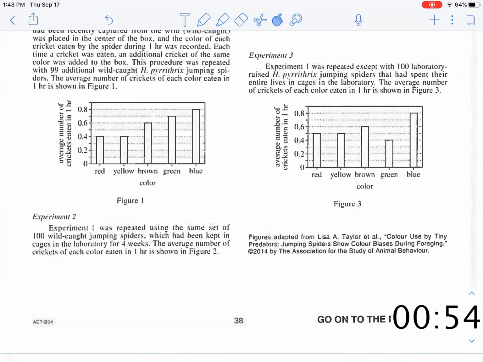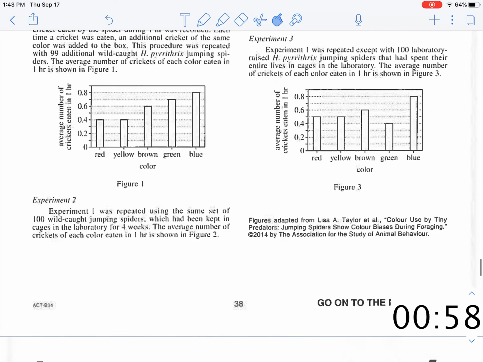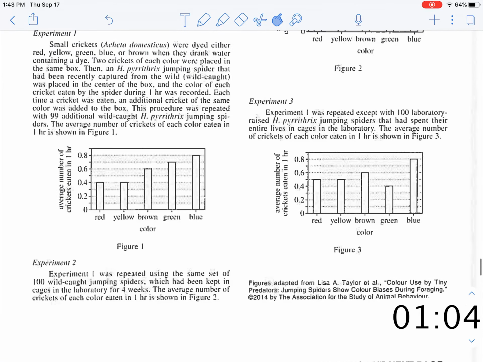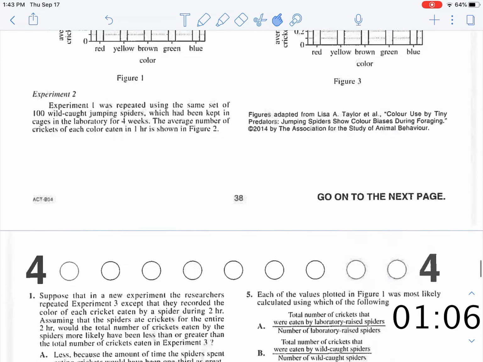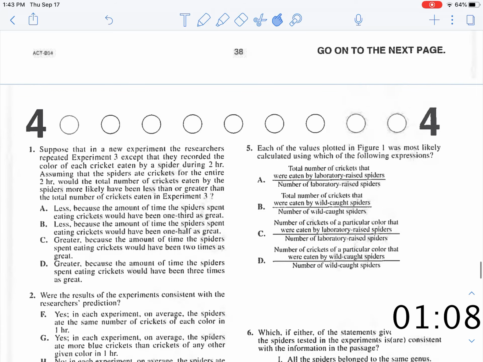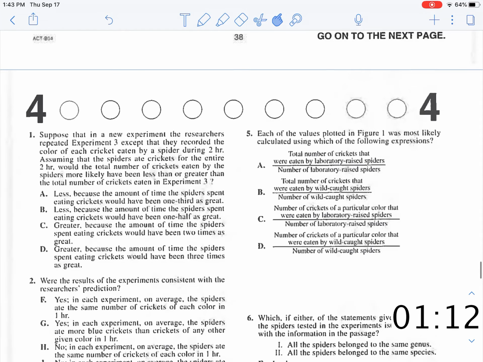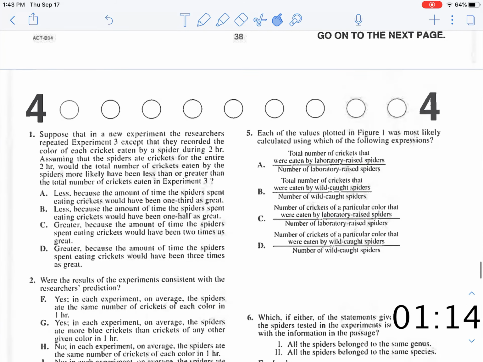The average number of crickets of each color eaten in 1 hour is shown. What? How long were they in there? Oh, okay. Total number of crickets that were eaten by wild-caught spiders divided by wild-caught spiders.